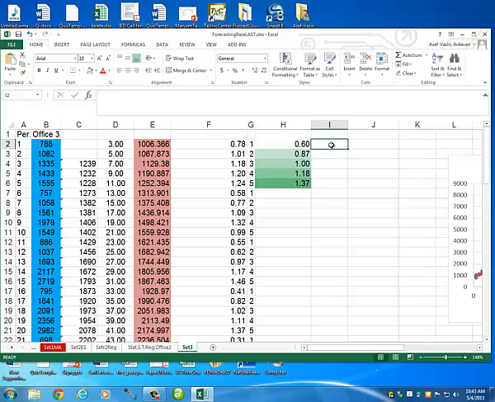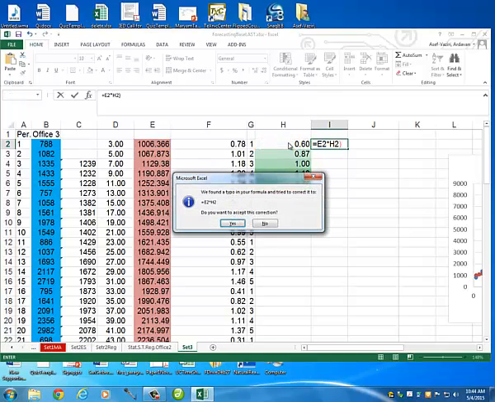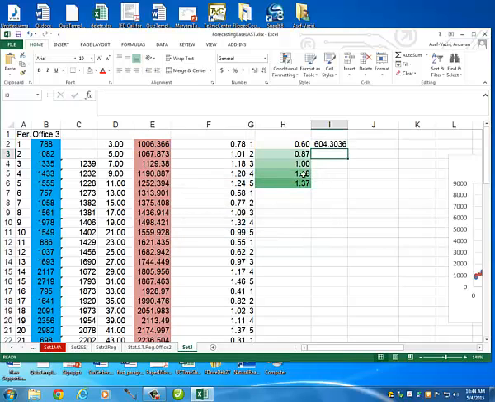Therefore, I write over there equal to, multiply this one by seasonality. And seasonality is here. So for period 1, 2, 3, 4, and 5, it works.